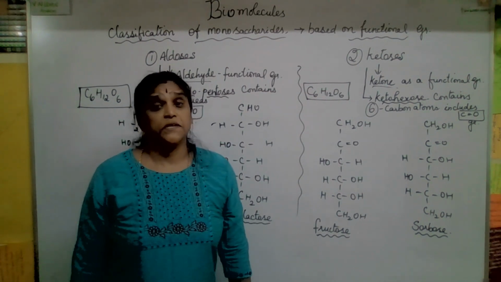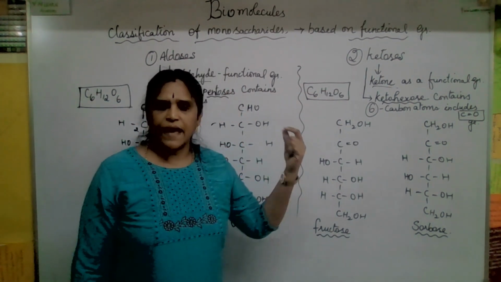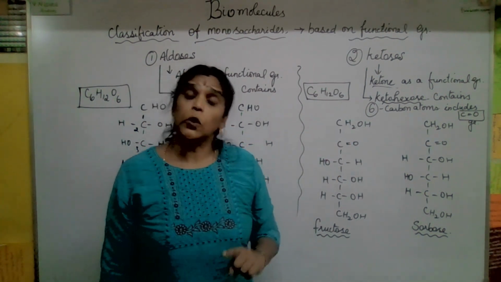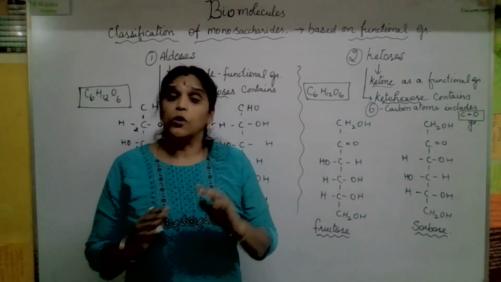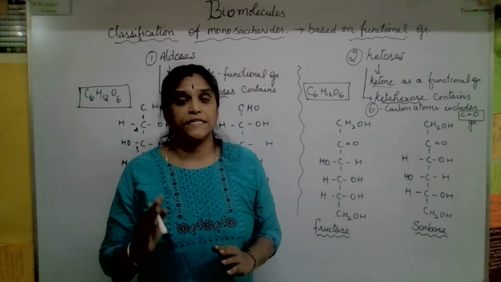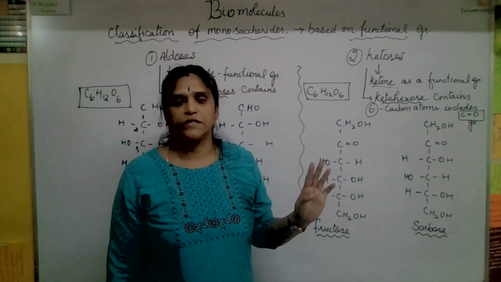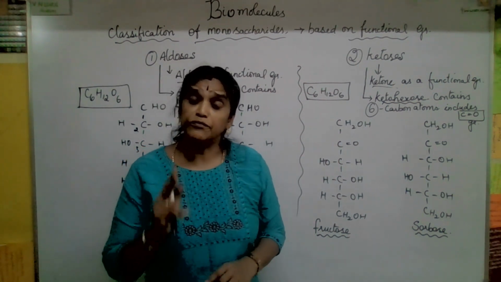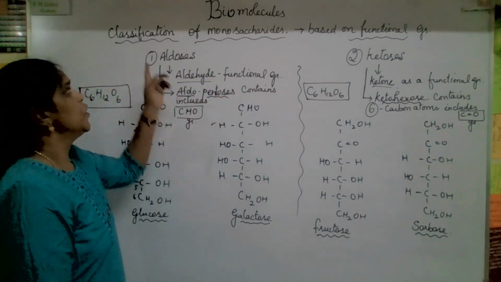Now the next question, classification of monosaccharides. Sucrose on hydrolysis gives glucose and fructose. Glucose has the formula C6H12O6. In the same way, fructose also is C6H12O6. Both have the same formula but different functional groups.